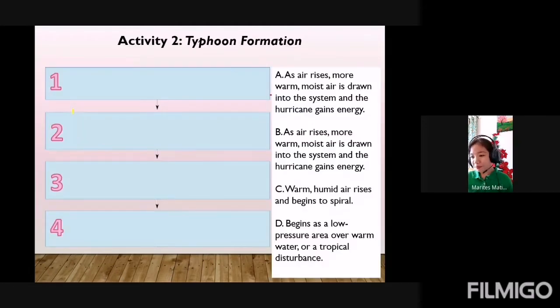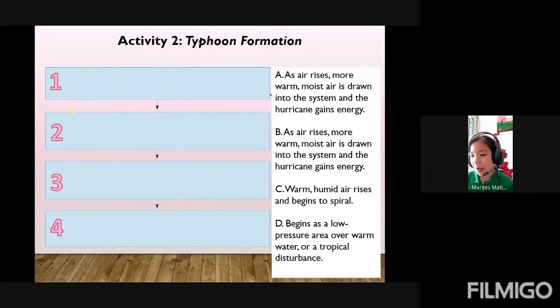These are the statements. Letter A, I will read: As air rises, warm, moist air is drawn into the system and the hurricane or typhoon gains energy. Letter B: As air rises, more warm, moist air is thrown into the system and the hurricane or typhoon gains energy. Letter C: Warm, humid air rises and begins to spiral.